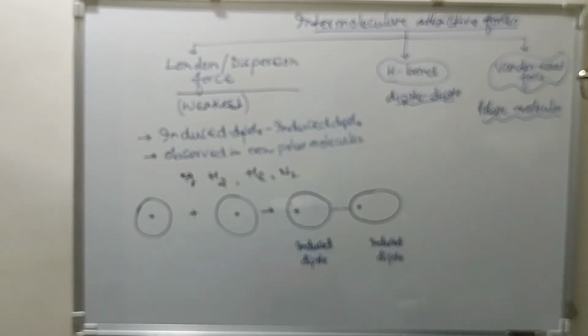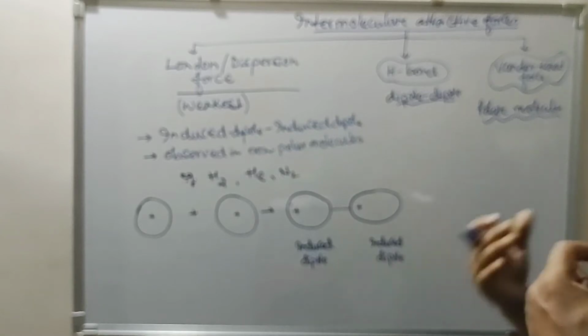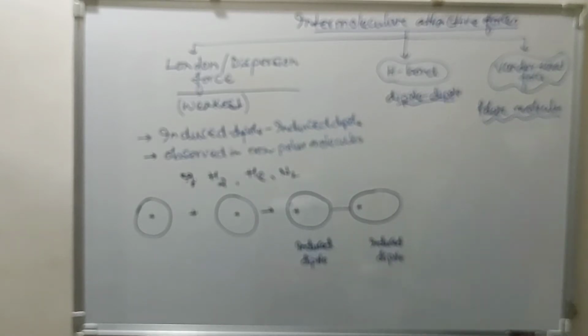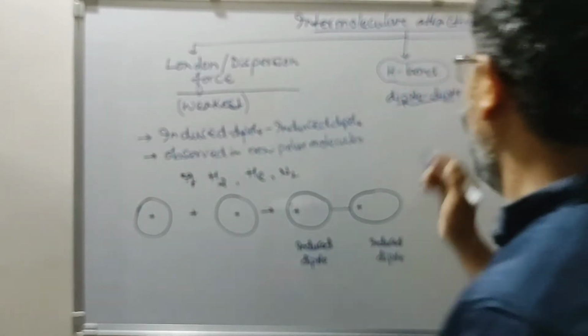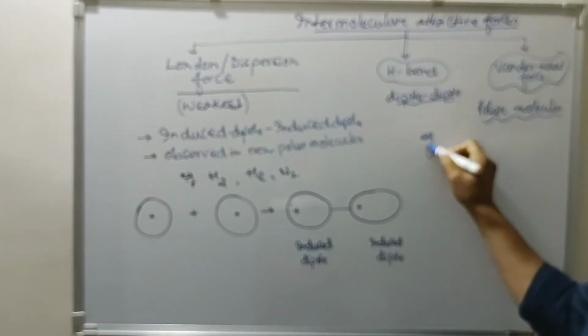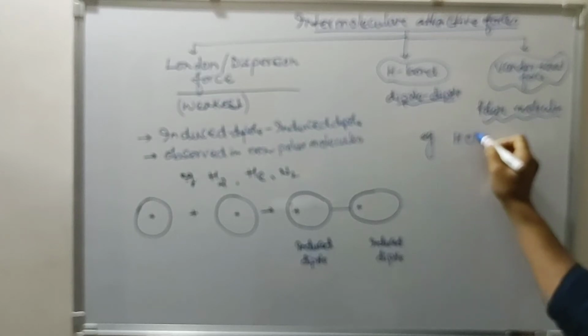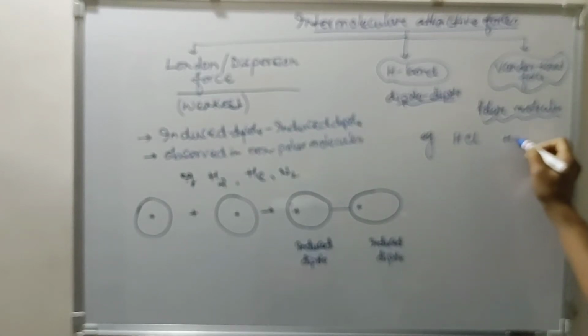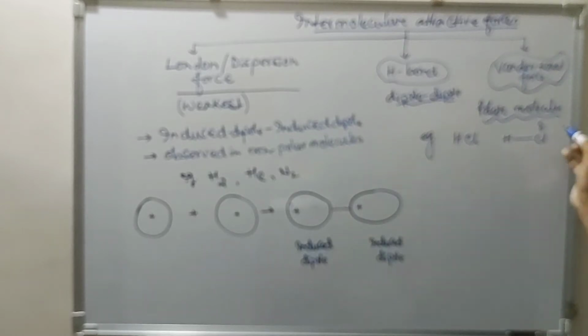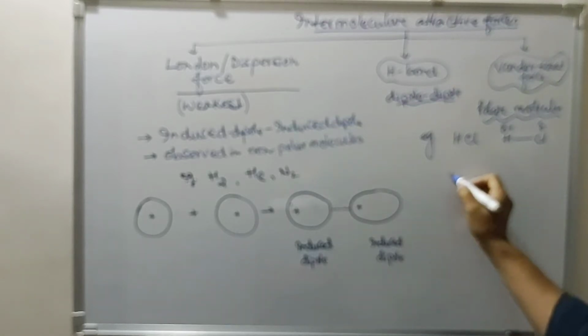Whenever we have polarity in the molecule, there is an attractive force between opposite charges, which is known as dipole type interaction. Take this example, the HCl molecule. Look at this hydrogen-chlorine bond. Chlorine is more electronegative, so it is negatively polarized. Hydrogen is less electronegative, so it is positively polarized. So we have this HCl.